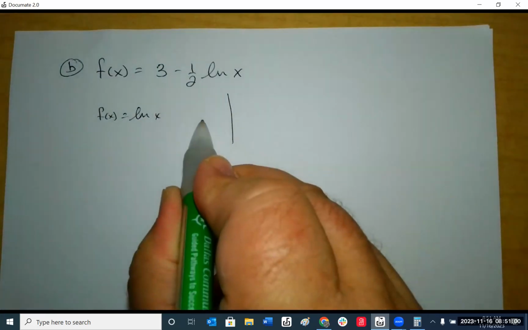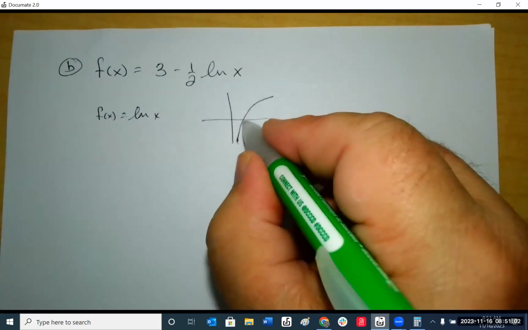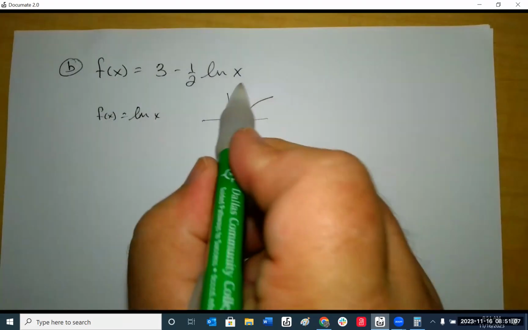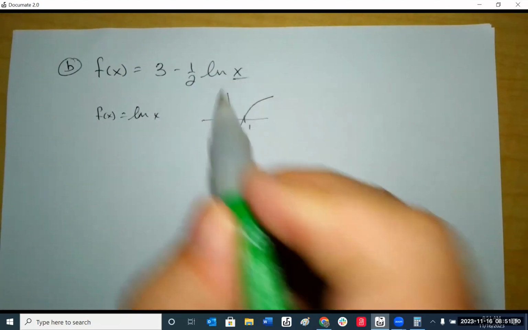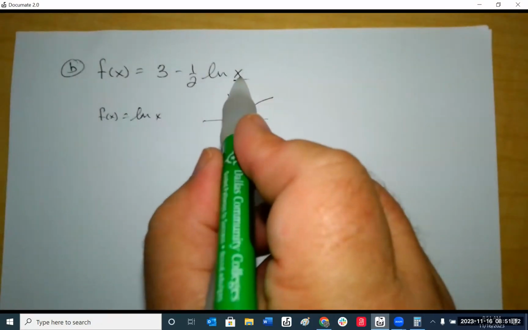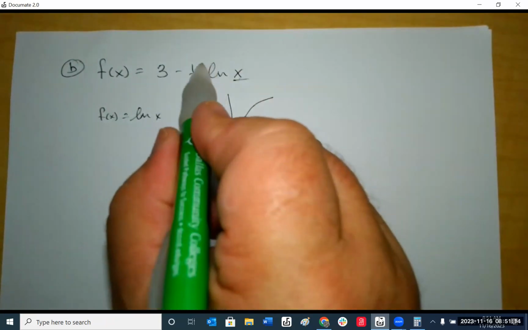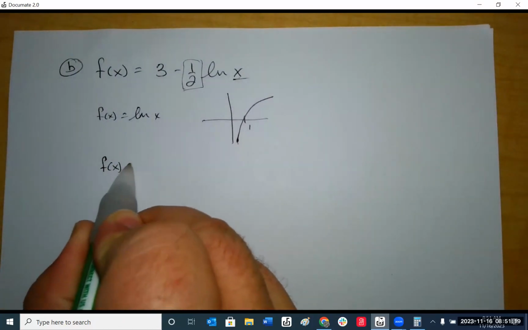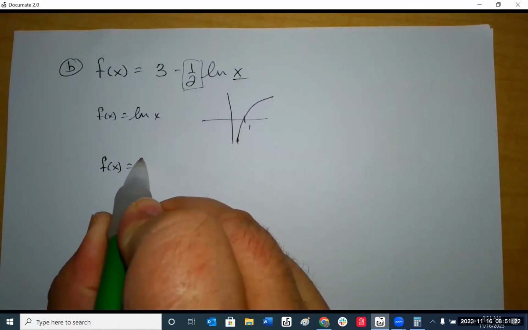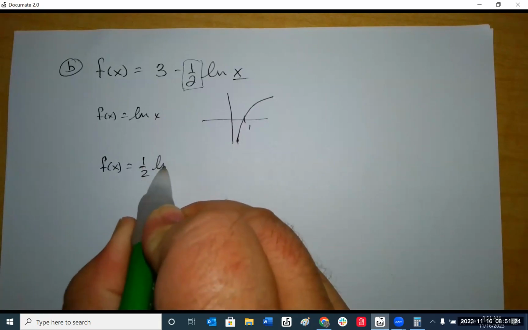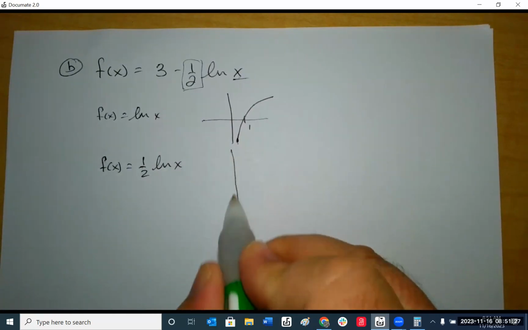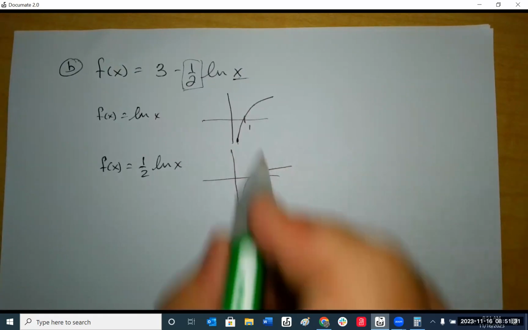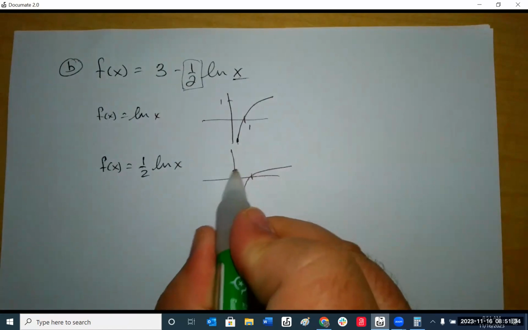The graph of that one looks like that. There's no horizontal shift because it's just x. There's no x plus or minus anything. So what happens to the 1/2? It's outside, so it's a vertical change. It's a vertical shrink. It pushes it down. Instead of this being 1, it's now going to be 1/2.